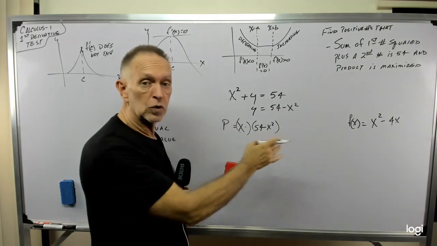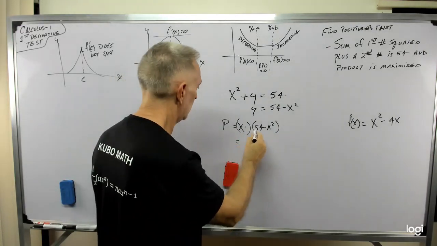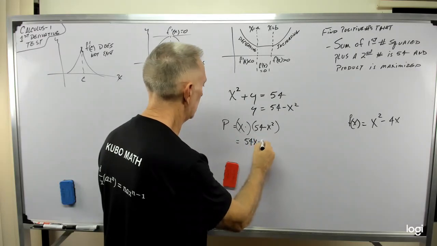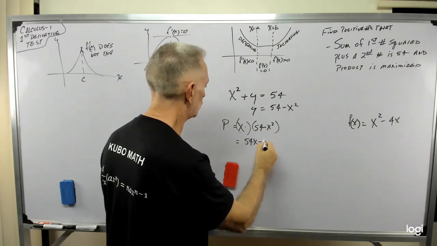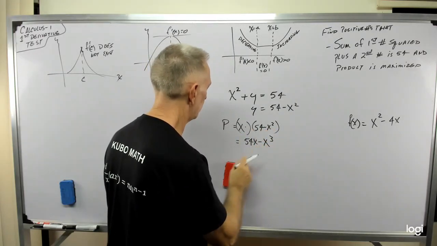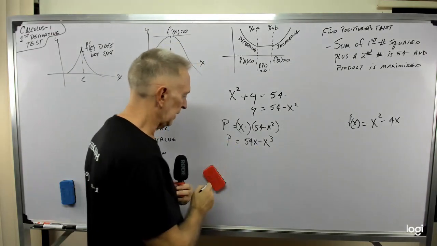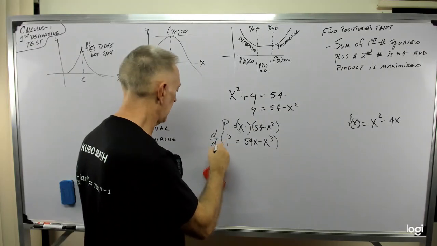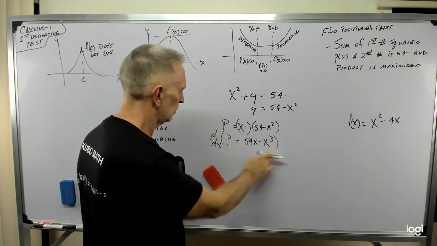Now let me multiply this out. x times 54 is 54x, minus x times x squared is x cubed. So that equals p.